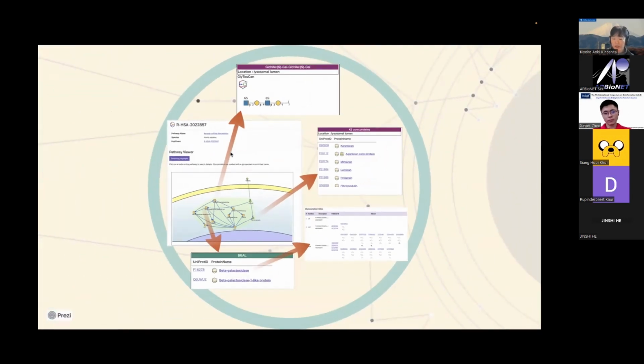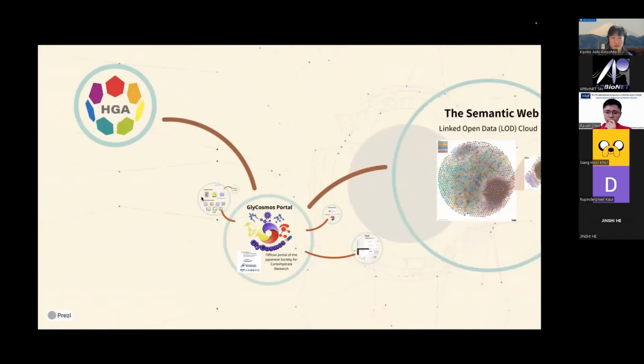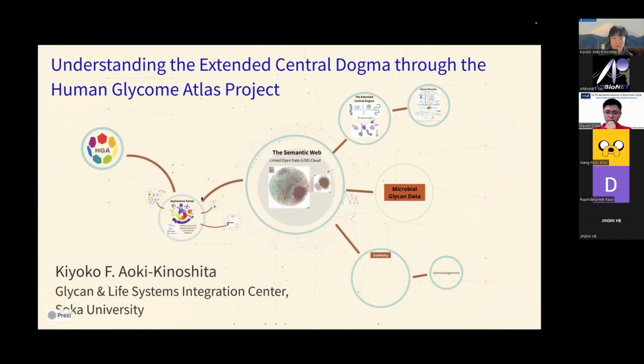So this is one exemplar of how we can integrate glycan structures with glycogene information, glycoprotein information, and lectin information, all from a single resource, which was not really possible 10 years ago. So it's been an exciting path.